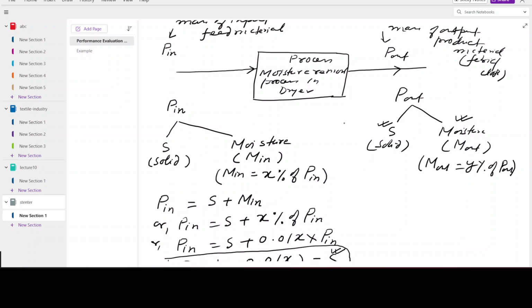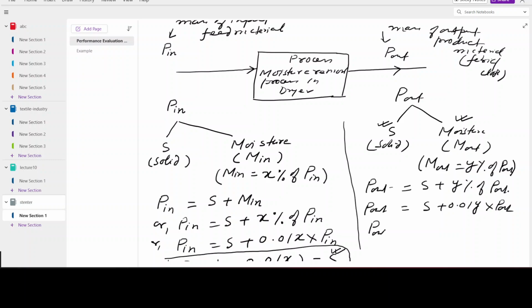So we can write here P out is equal to S plus Y percentage of P out, meaning P out is equal to S plus M out, or P out is equal to S plus 0.01 Y into P out.